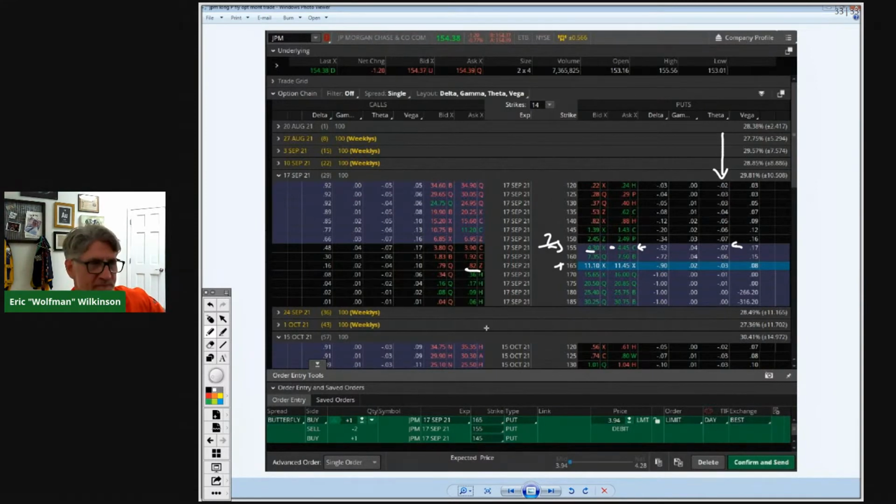Or it makes it look like that. It's actually selling these options that is ultimately going to be the thing that makes this profitable. Those two short at the monies working themselves out. All right?